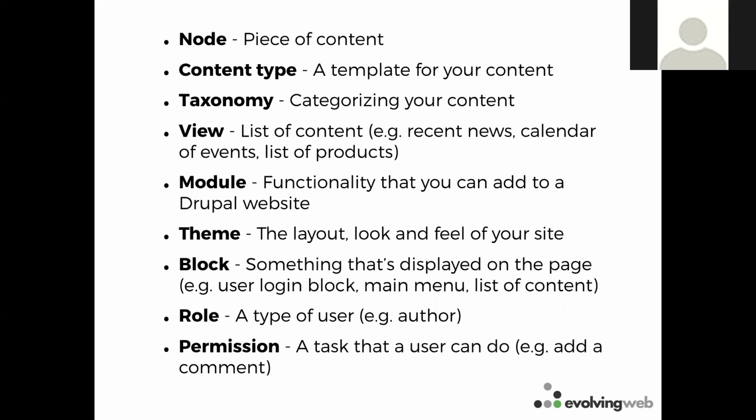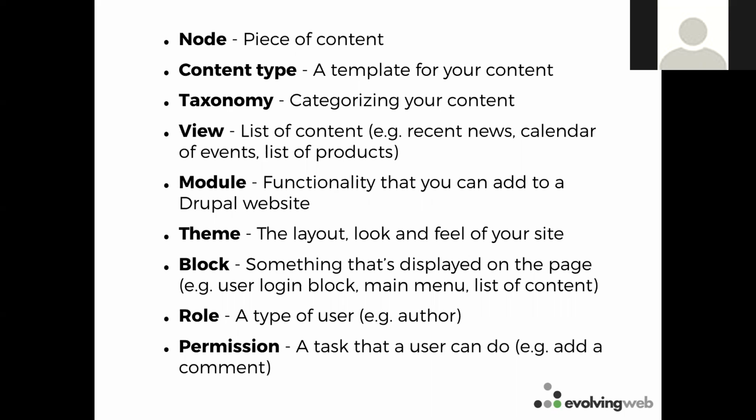You're also going to hear a lot in Drupal about taxonomy. So taxonomy just means the way that you categorize your content. So if you have 20 pages on your site, you probably don't need a lot of categorization. You're probably just going to publish the pages, and people are going to see a link to the page and they're going to click on it.